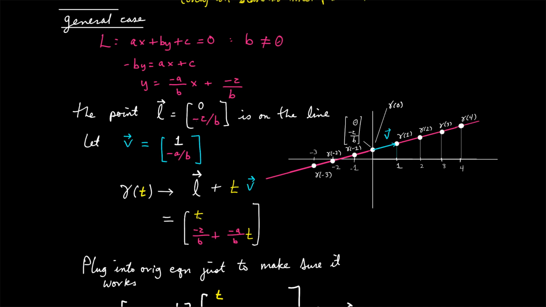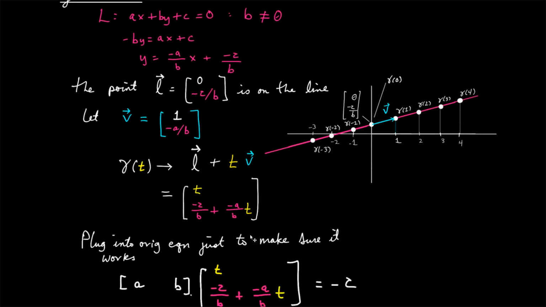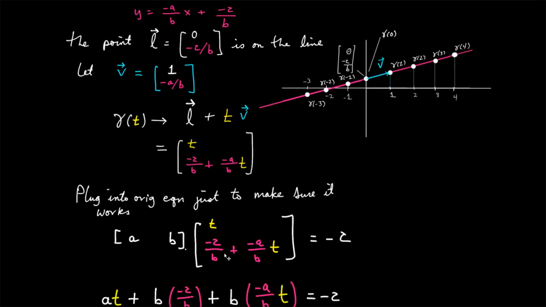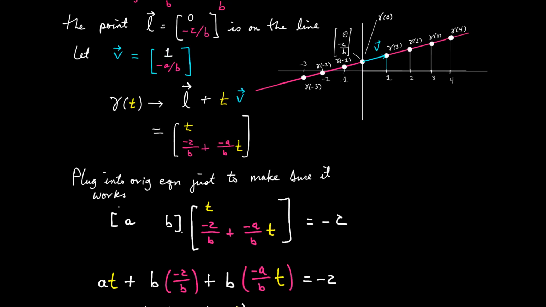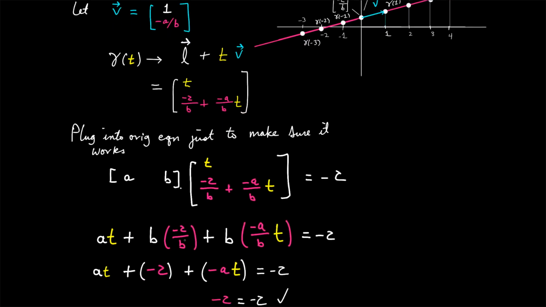we get the vector t and minus c over b plus minus a over b times t. All right, well, let's just plug it into the original equation to make sure it works. So here's our original equation. I wrote it as a matrix product. AB times t and minus c over b plus minus a over b t is equal to minus c. So same equation as above, I just rewrote it in a slightly different way.